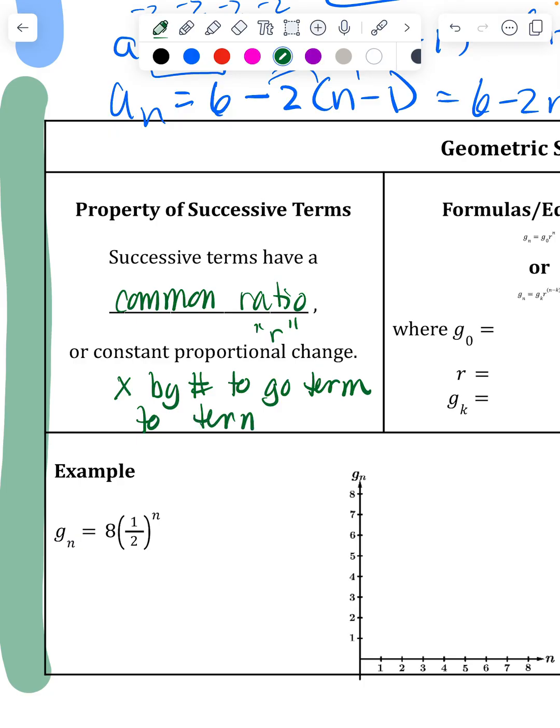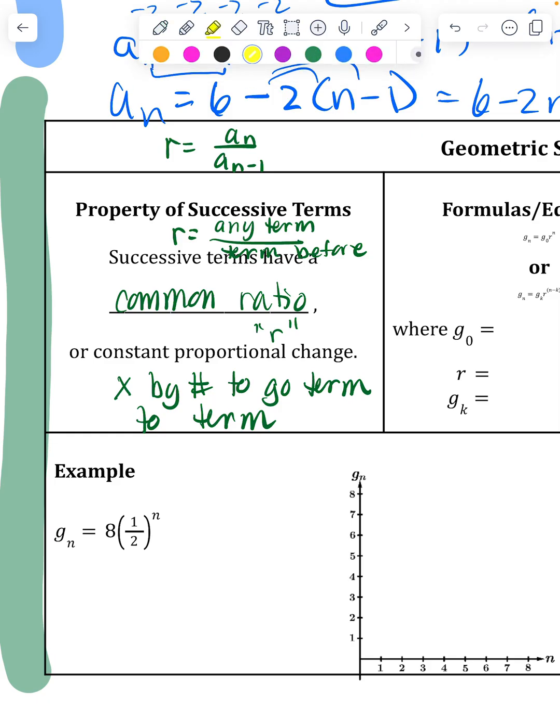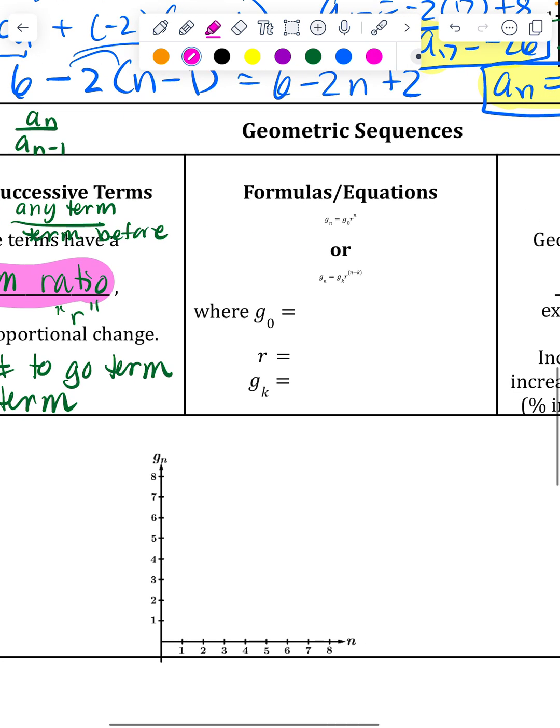So the way to find that ratio is to take any term that you see and divide it by the term before it, or the previous term. However it makes sense to you, but you've got to be able to figure out how do I find that common ratio? Because that is a concept that you want to be able to understand.